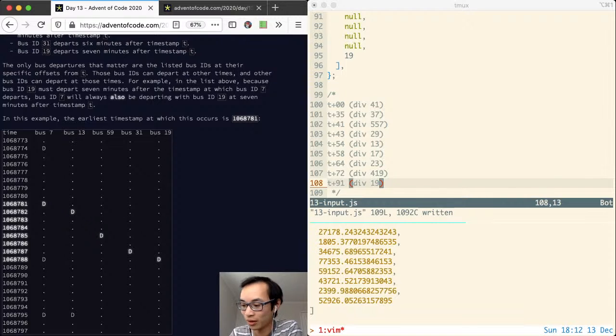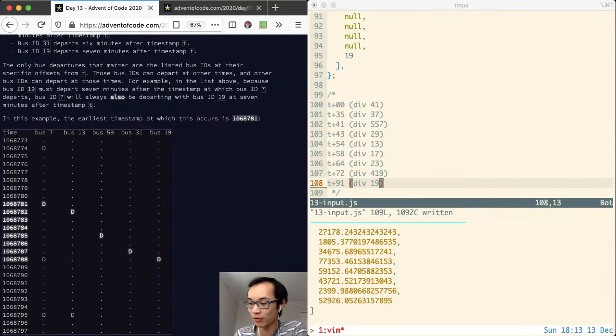T has to be divisible by 7. T plus 1 is divisible by 13. What does that mean? If I have numbers that are multiples of 7 and 13, but I want multiples of 13 plus 1, right? No, let's do it the other way around. What we're saying is T minus 1 is divisible by 13.